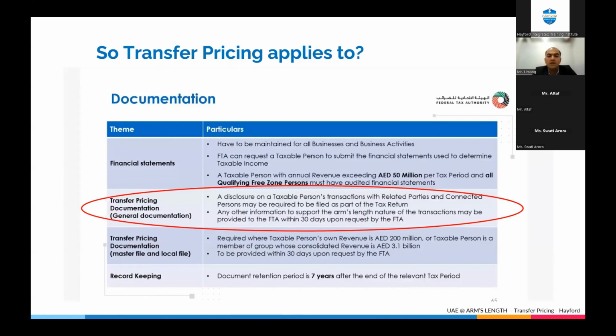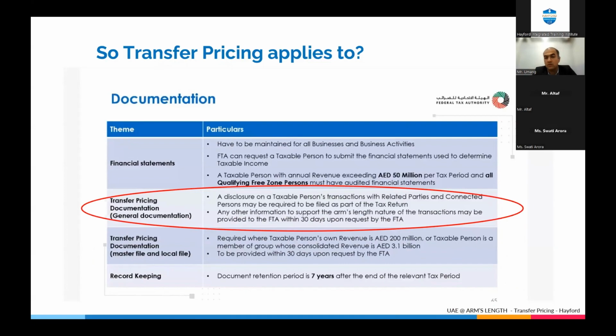So while local file and master file become applicable if you are crossing a specific threshold or a revenue turnover, or you are part of an MNE group which has a turnover of more than 3.15 billion, general documentation largely applies to each and every case, which would be broken up into two parts.